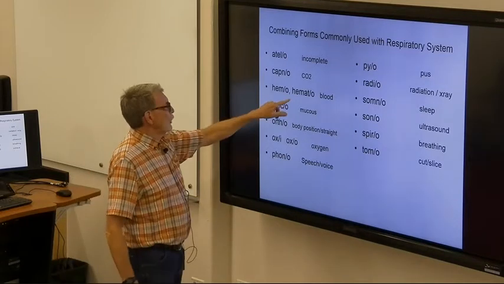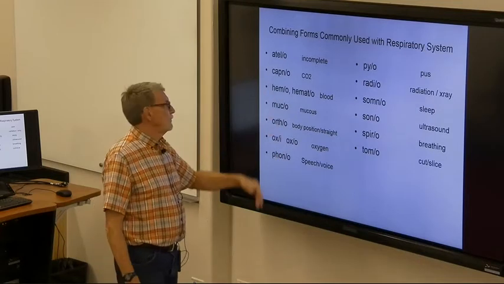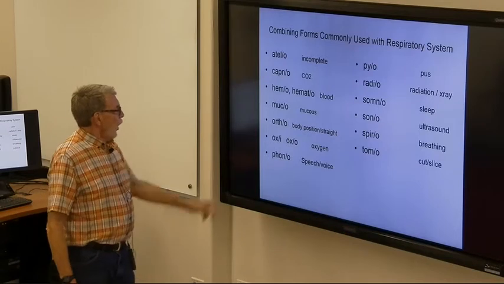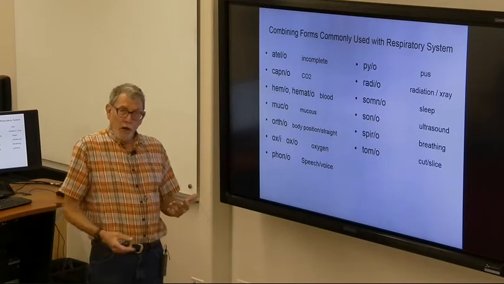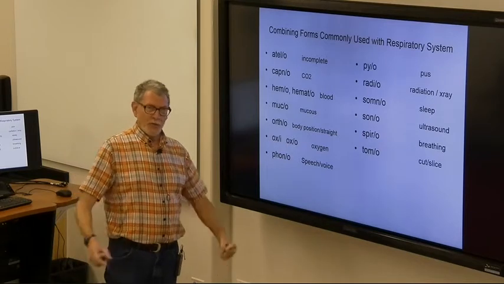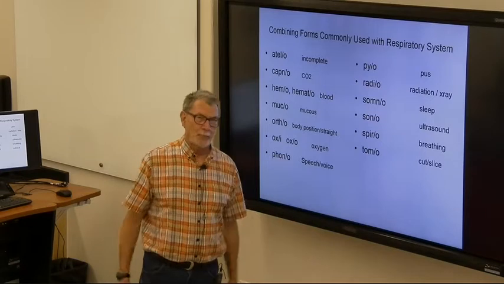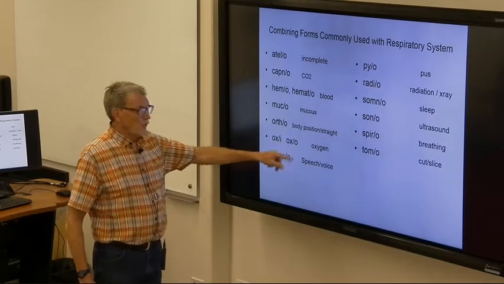Hemo and hemato refer to blood. So if we have blood in the lungs, we can use that. Muco is mucus. Ortho actually means straight or upright. An orthopedic surgeon was supposedly somebody who made people straight again after they got broken. Oxy or oxo is oxygen.